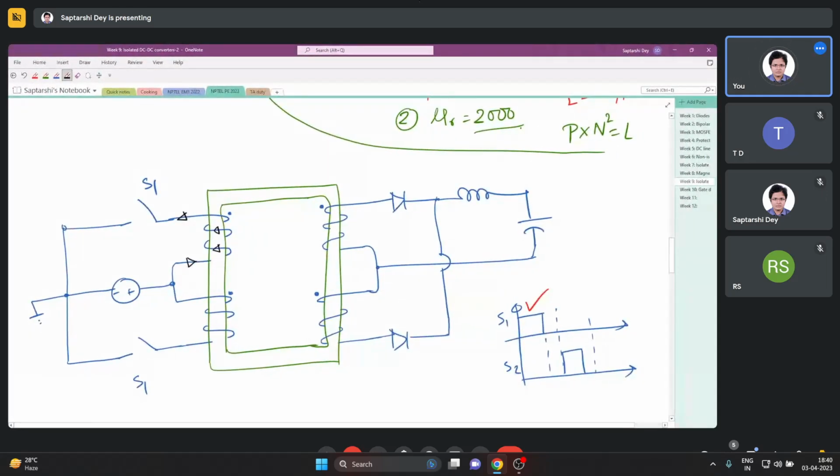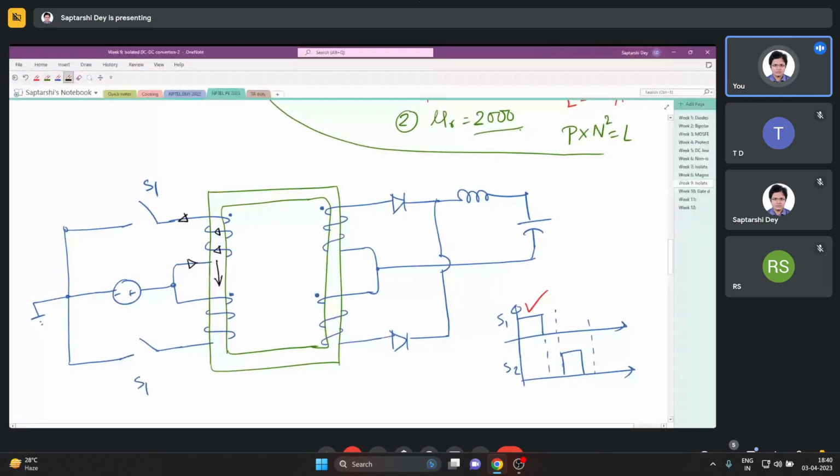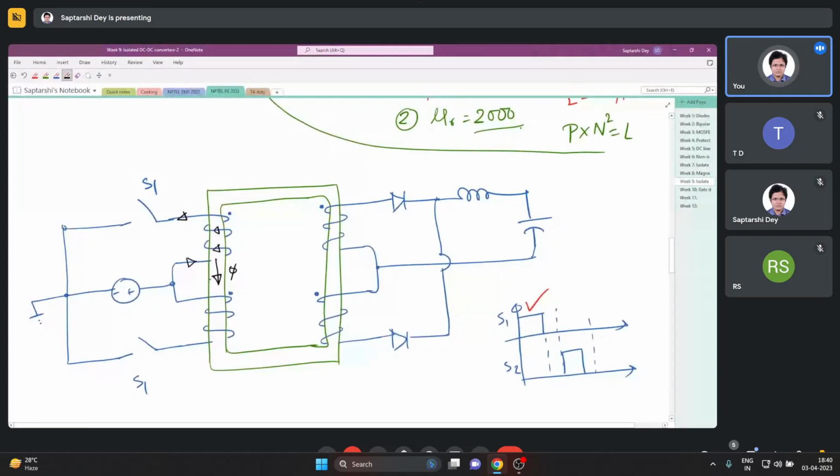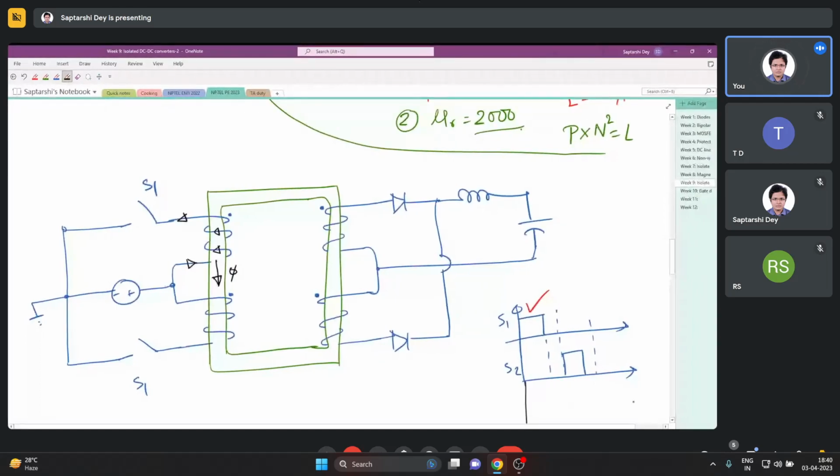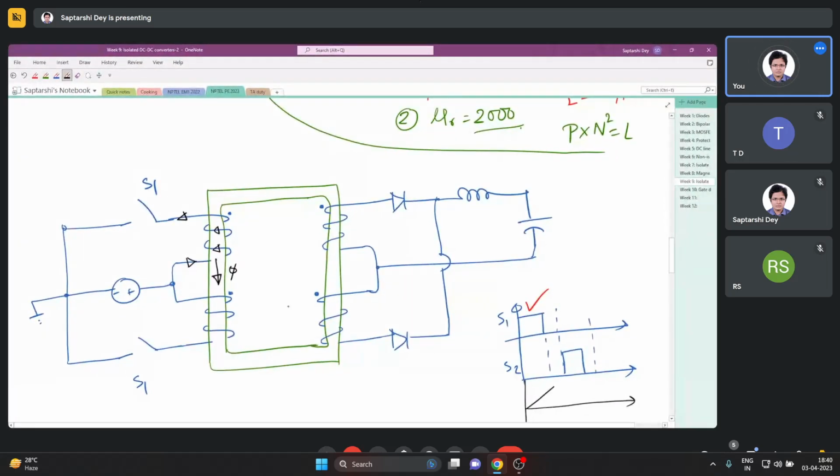If you apply the right hand screw rule, then the flux flowing through the core is in this direction and it increases. So if you draw the core flux, it increases. Now at this moment you close S1.